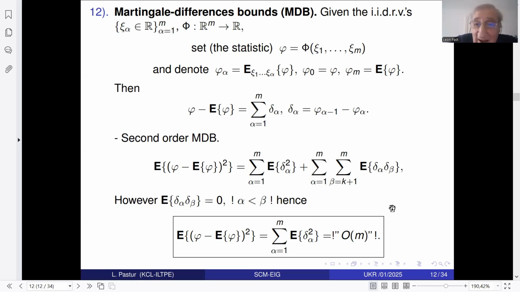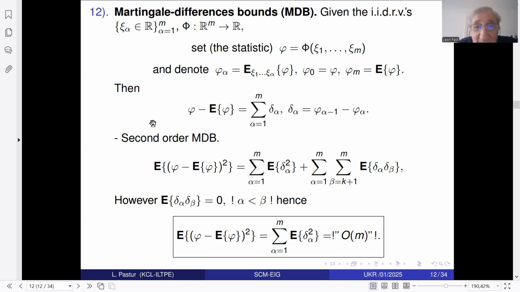I propose it's a very good exercise to convince yourself that this sum is 0, and it is a miracle because you take a square. So here is a double sum, but here is just one sum. So roughly speaking, your variance is always, provided that every term in this sum is bounded, of order m, but not m squared, as you would see from just trivially squaring this identity.